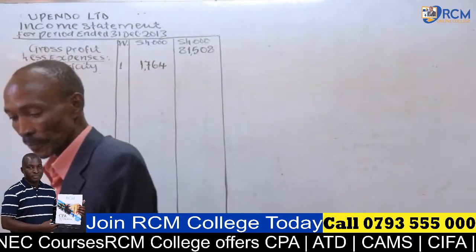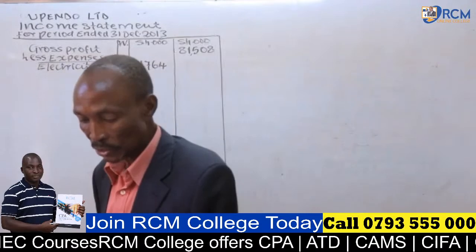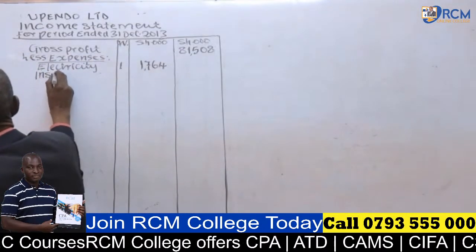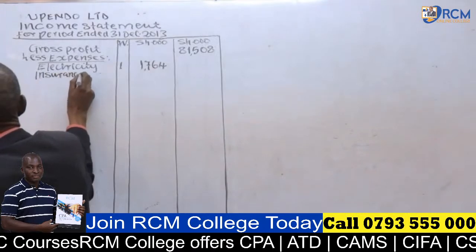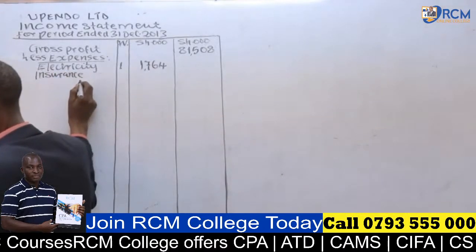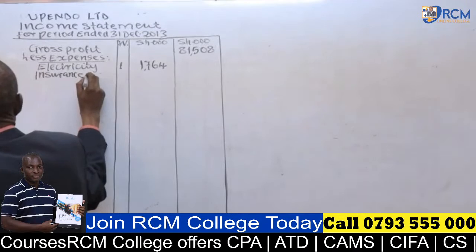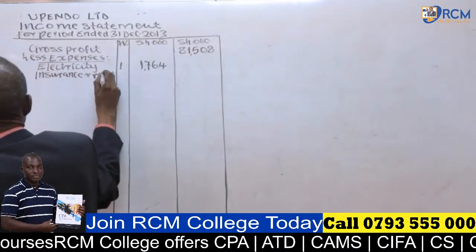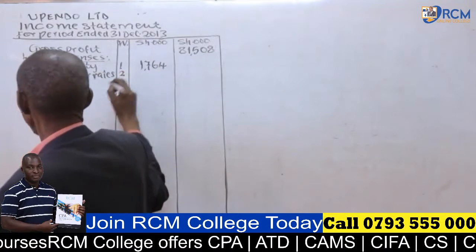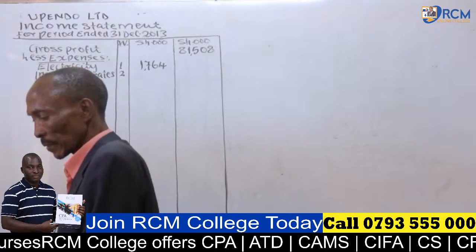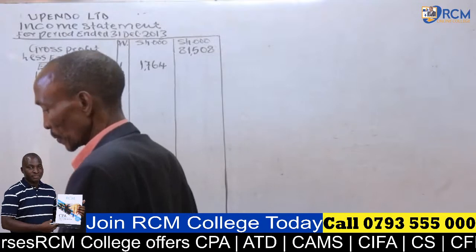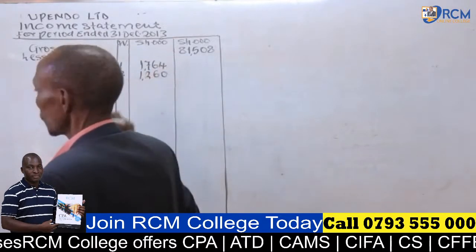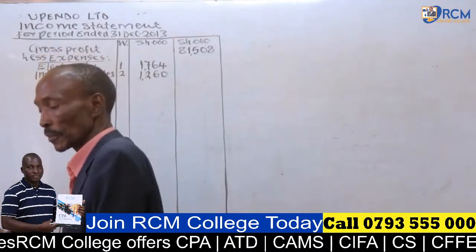After electricity, we worked out insurance and rates. That was the second working. That gave us 1260, that is $1,260,000.